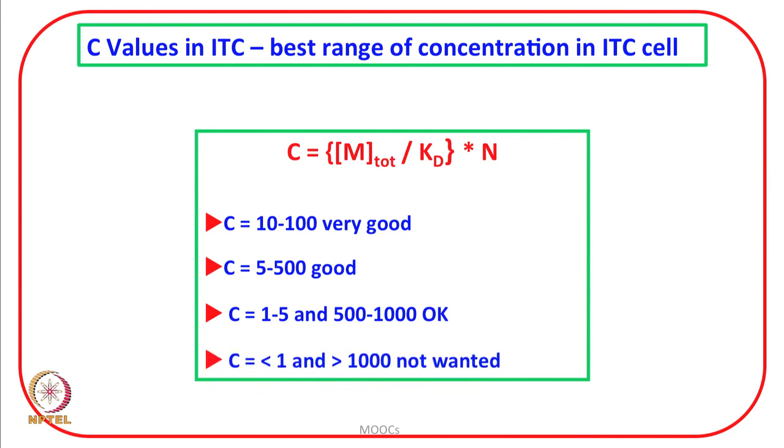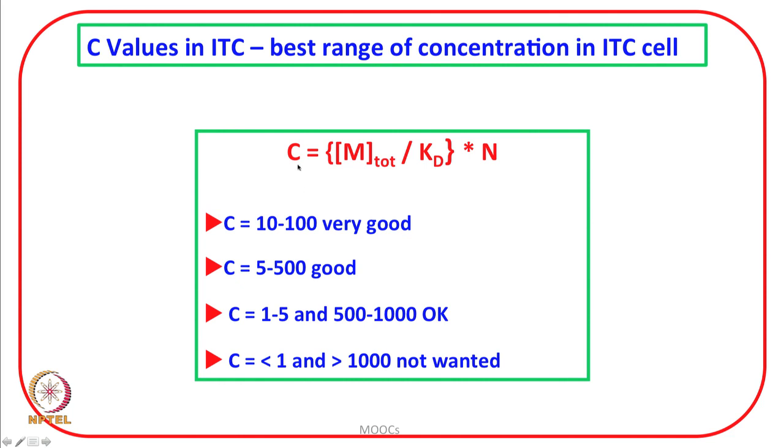And a C value less than 1 and greater than 1000 we do not want. So, therefore, if the C value can be maintained between 10 to 100, under those experimental conditions, the isothermal titration calorimetric profile will turn out to be very good.